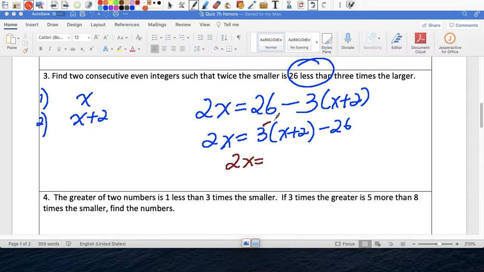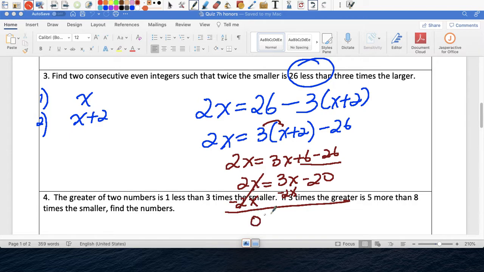2x equals, distributive property, 3x plus 3 minus 26. 2x equals, combine like terms, you can combine these two: 3x minus 23. There's a variable on both sides of the equal sign, so one of them has to go. Minus 2x, that's going to go. So minus 2x on this side. These two go away, I get 0.